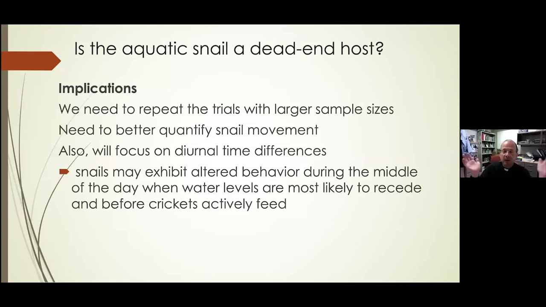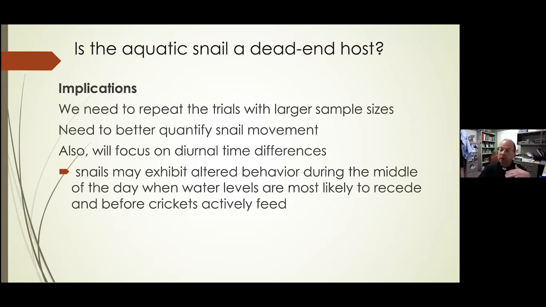Snail behavior probably fluctuates naturally over the course of a day, but maybe the ones that are infected with cysts, during the middle of the day when the water levels are most likely to recede in the creek or pond that they're in, maybe that's when they're more active, or more likely to exit the water.